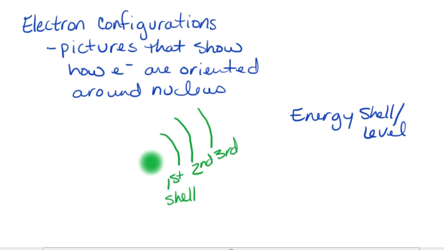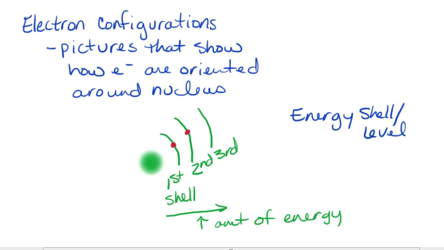And as we increase the numbers here from first to second to third and on, we are increasing the distance from the nucleus. And as we increase the distance and move outward, we also have increasing amounts of energy. So if we have an electron that is located right here, that electron will have less energy than an electron that is located on the second shell.